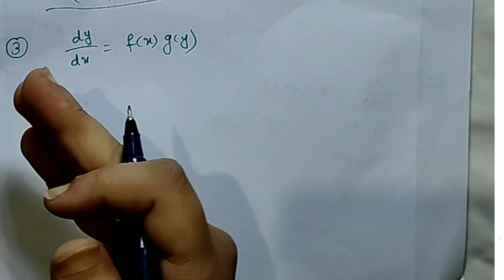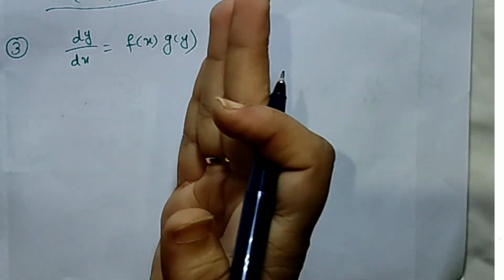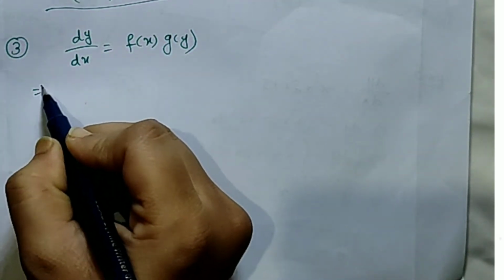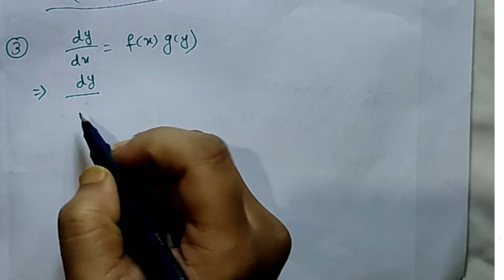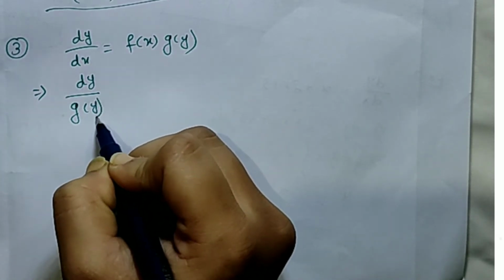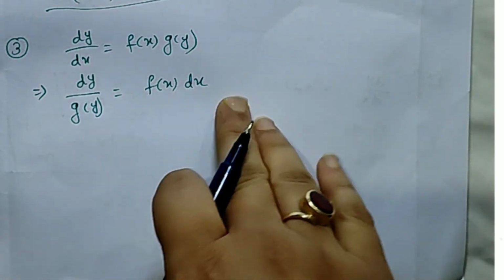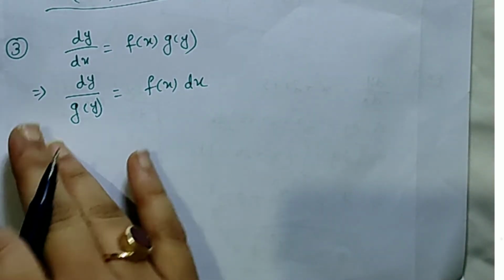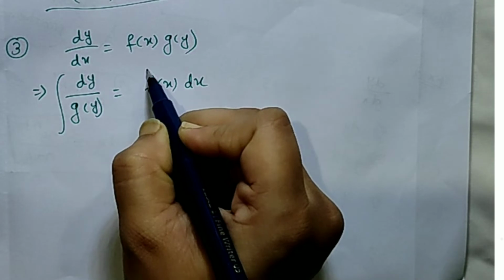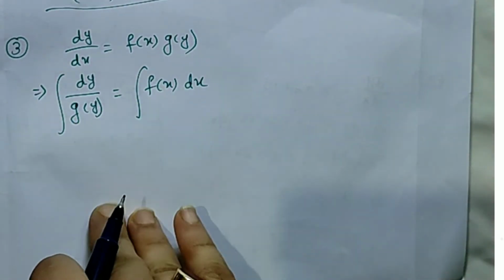We have to put the x variable on one side and the y variable on the other side, which implies dy by g(y) is equal to f of x into dx. Now the x variable is on one side and the y variable on the other side. Now integrating both sides, we can find a solution.